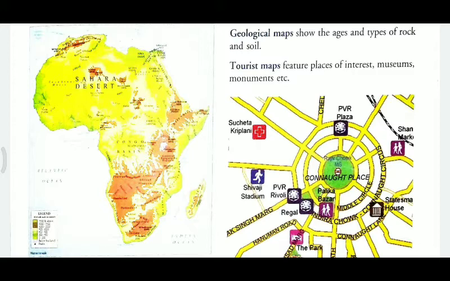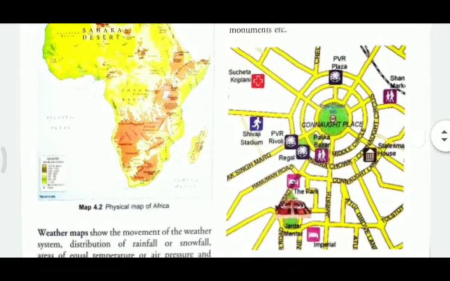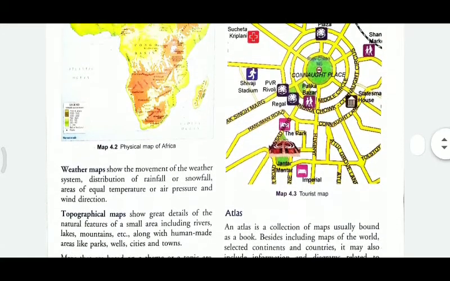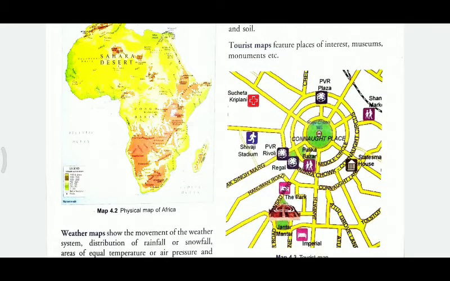Dear student, this is the example of a tourist map. In this we can see the monuments also, Jantar Mantar, and the connection of roads, they are expanded in the Connaught Place area.